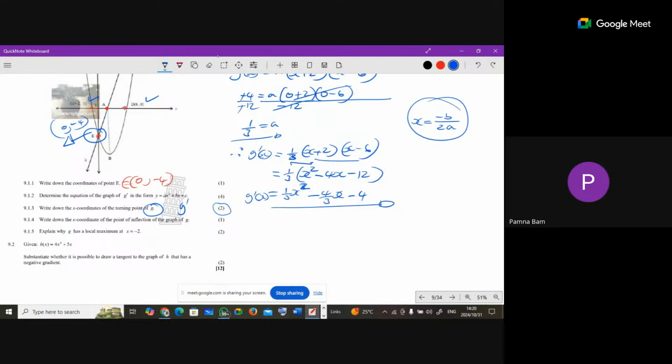But we are not looking for the turning point of g prime of x. We are looking for the x coordinates of the turning points of g. There is not one, there are 2 turning points, and we are only looking for the x coordinates. There are 2 coordinates that we are looking for.